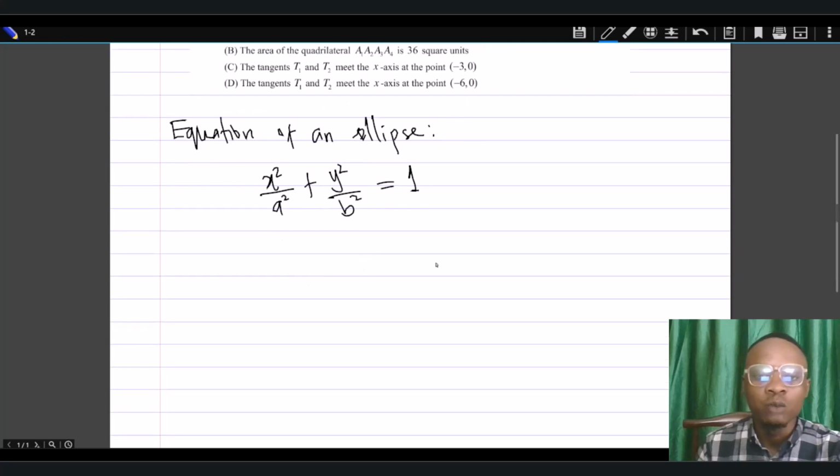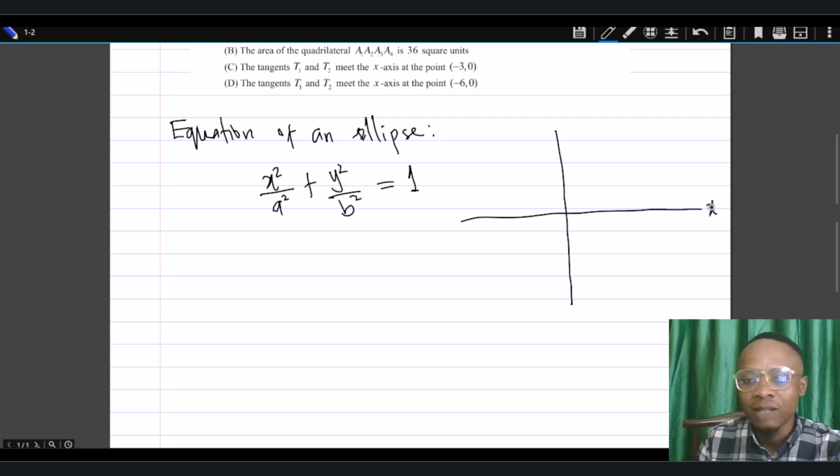So this is for an ellipse, which will generally be in this form. That is, the ellipse whose equation is this would look like this. When we draw this on our xy plane, this is the x-axis and this is the y-axis. This is centered at the origin, so we'll have something like this for the ellipse.